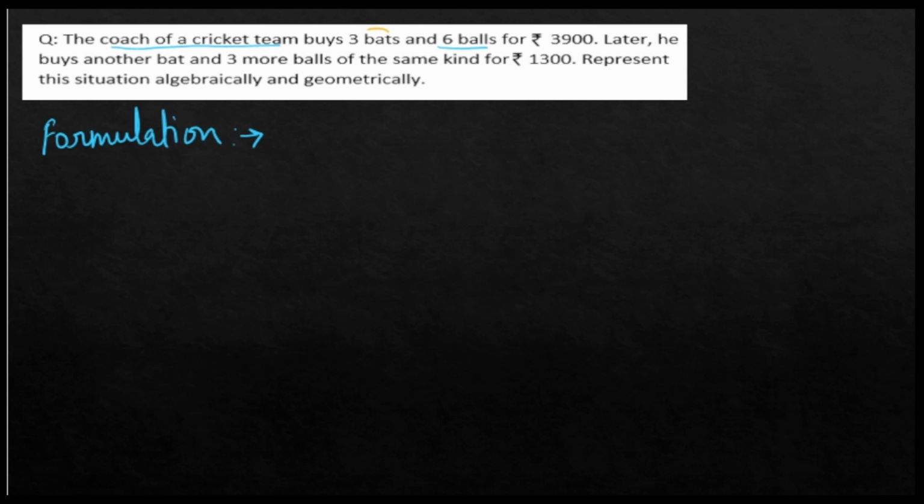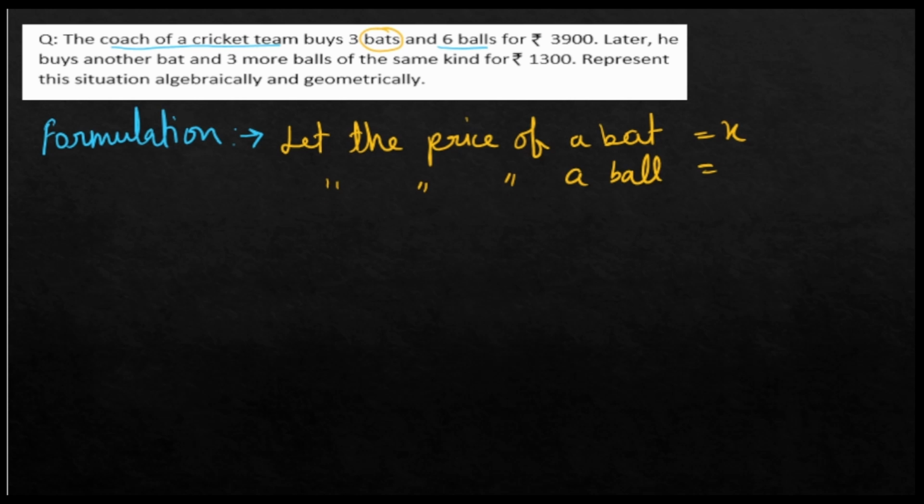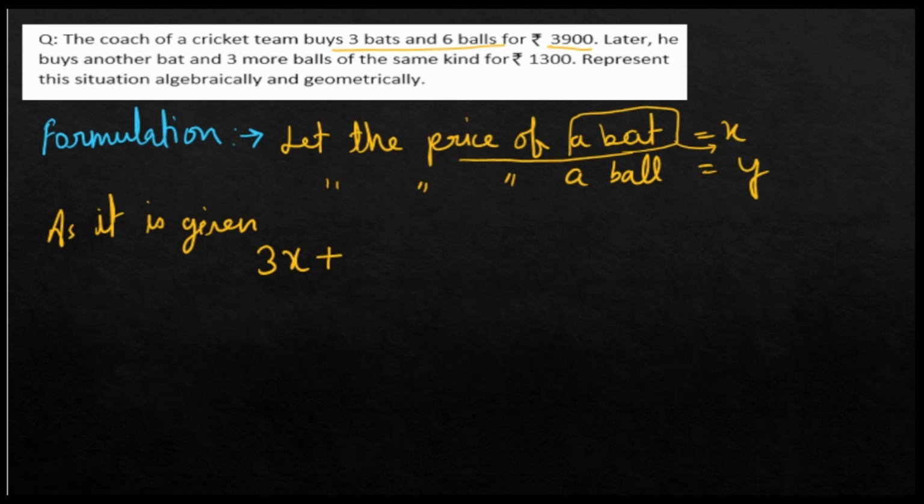Let the price of a bat be x and the price of a ball be y. The statement says 3 bats and 6 balls for 3900 rupees. As it is given 3 bats, I am denoting bats with x, and for the balls we have 6 balls, then 6y.